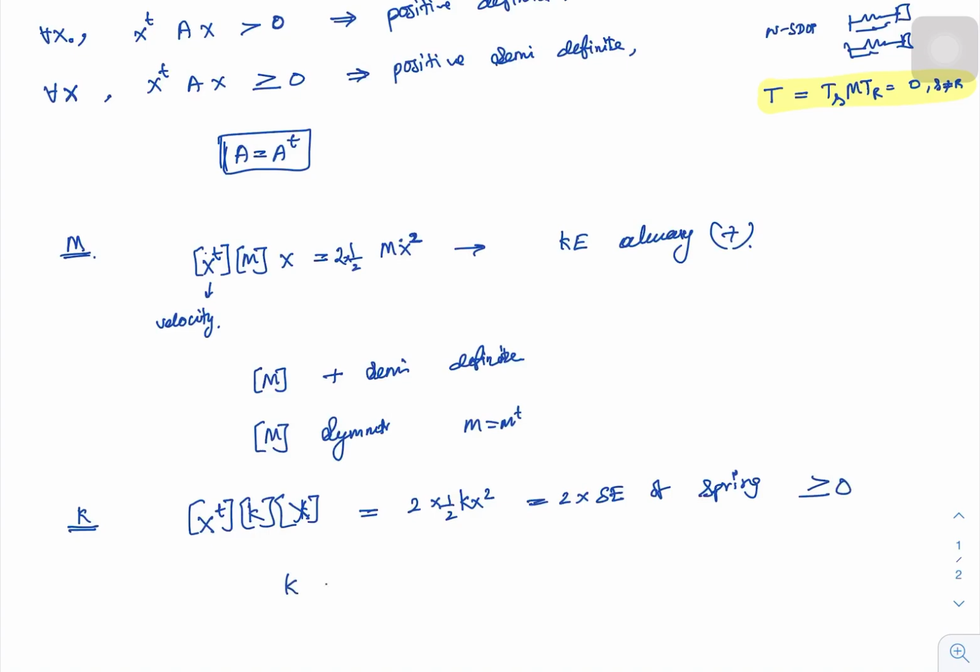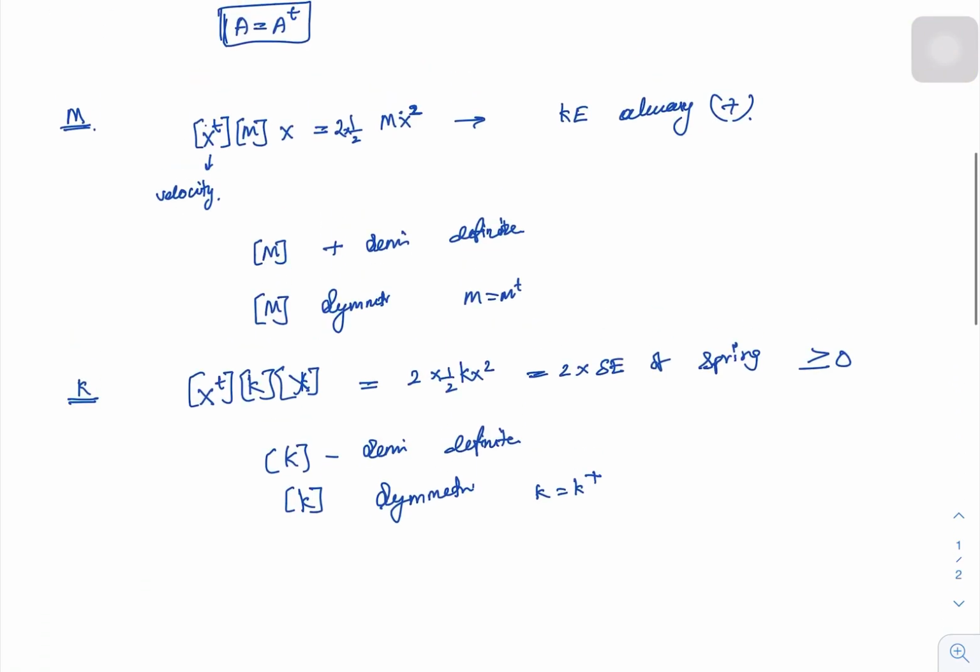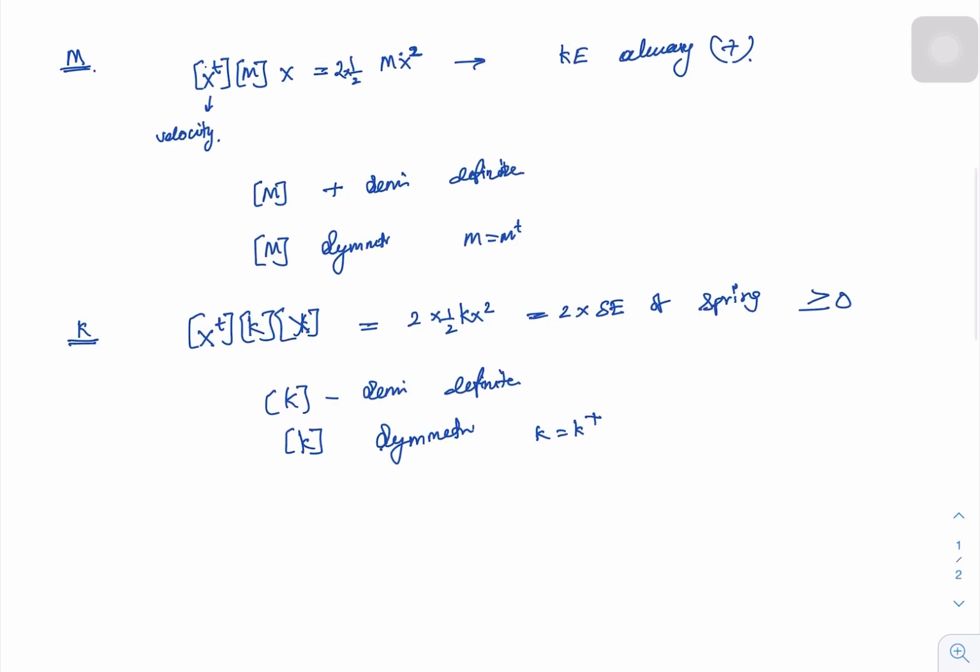Therefore K is semi-definite, and K is also symmetric: K equal to K transpose. For C we can't find any meaningful association, so let's stick only to M and K.